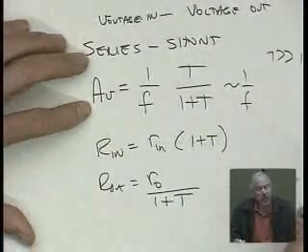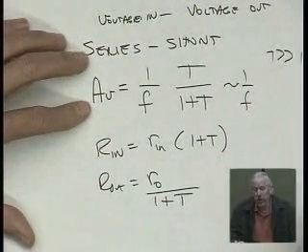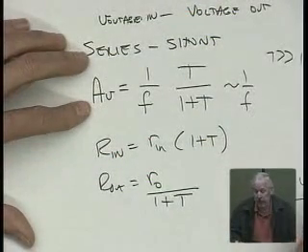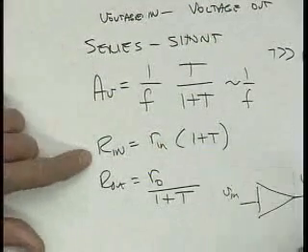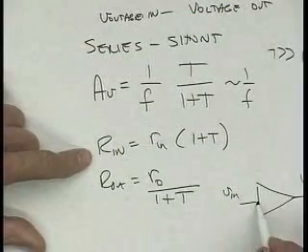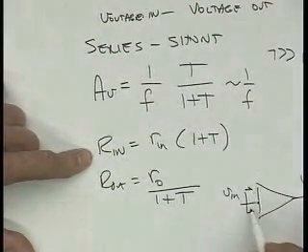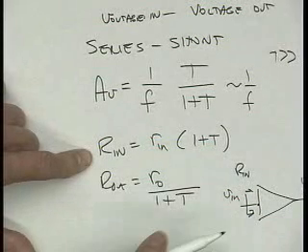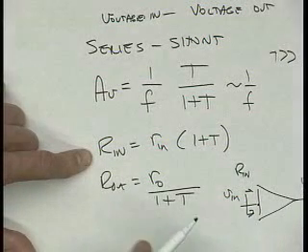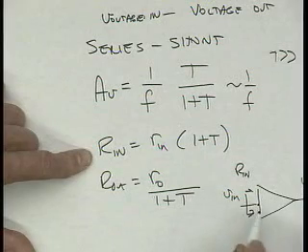So think about what an ideal voltage amplifier looks like. Here's V out and here's V in. An ideal voltage amplifier has a very large, basically infinite, Rn. That's what you'd like, because you want to drive from a voltage source, so you'd like an open circuit that you drive.